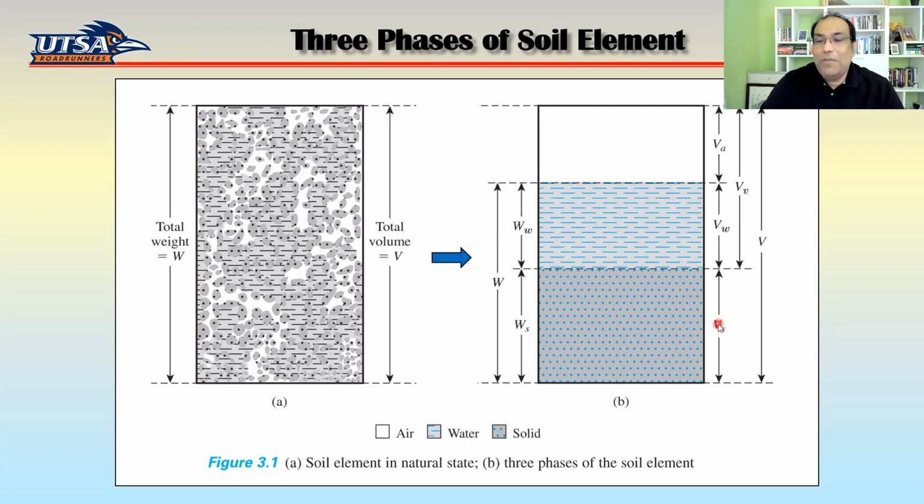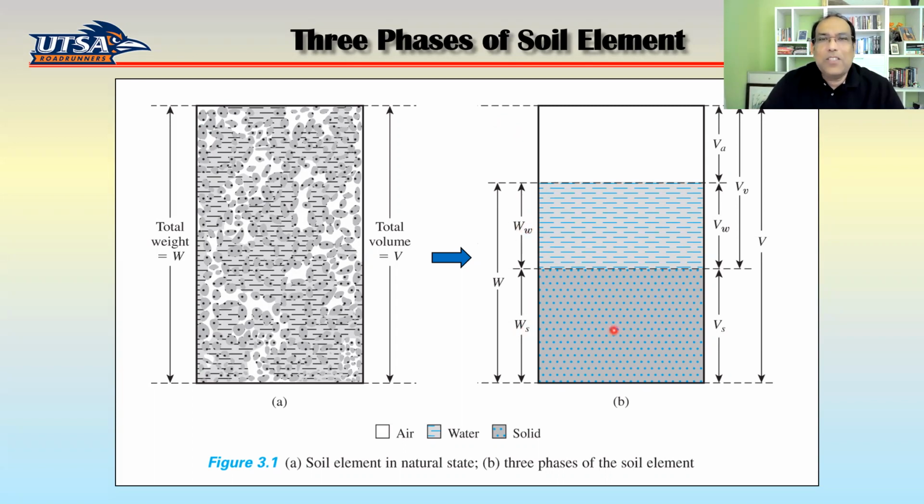This is your volume of solids, this is the volume of water, and this is the volume of air, and this is actually your volume of void. So some part of the void is filled with water, some part with air. One assumption we always take is that the weight of the air is 0. Then this is your weight of water, and this is your weight of solid.